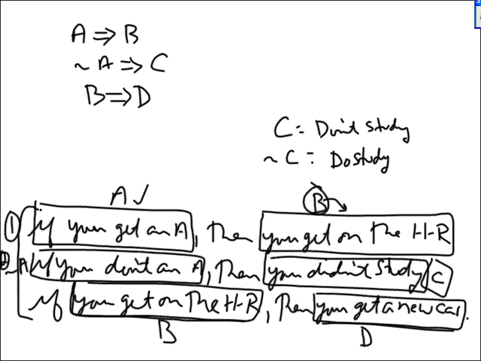Okay. Now, I can see that, let me number these. I can see that if you use statement 1 first, A implies B, and then you use 3 next, which says B implies D, then you know A implies D. If you get an A, then you get a new car.